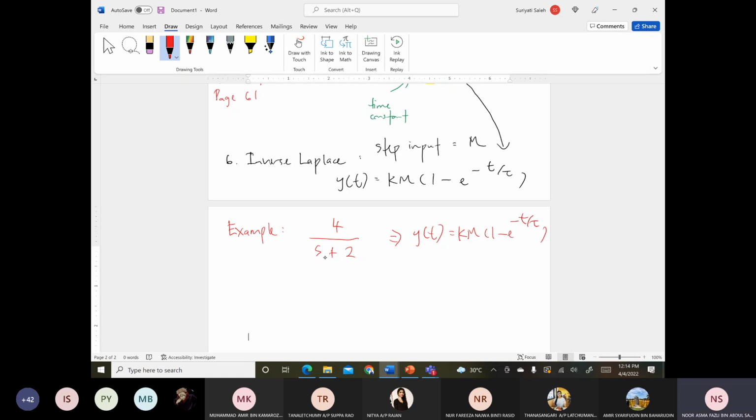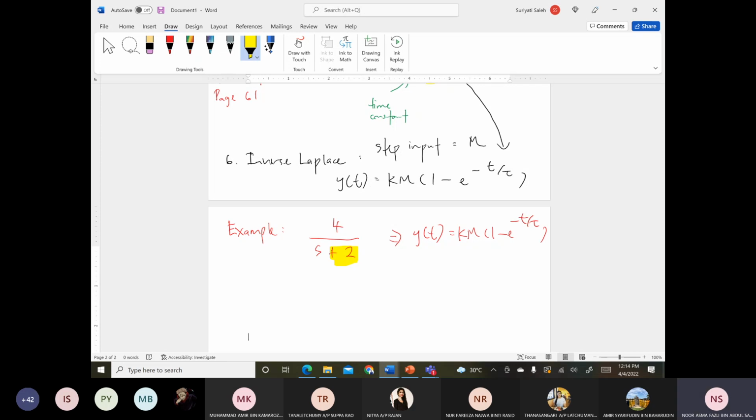Since in the denominator you have the plus 2, we cannot use the straightforward inverse Laplace. So another form is required to inverse the Laplace.